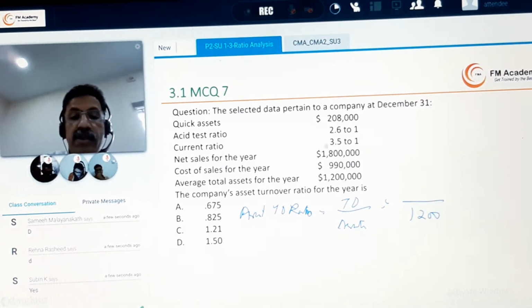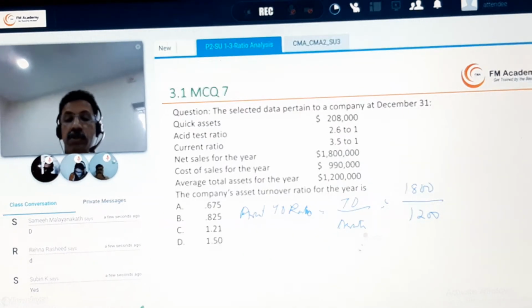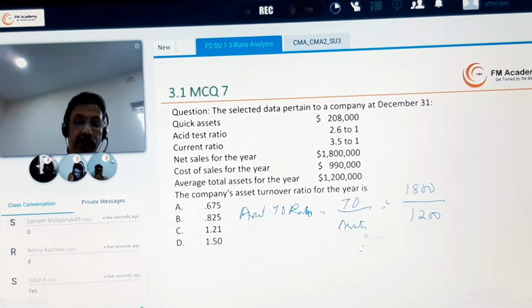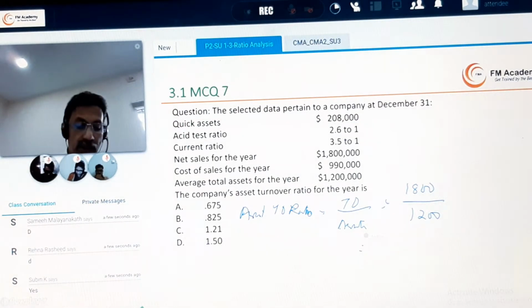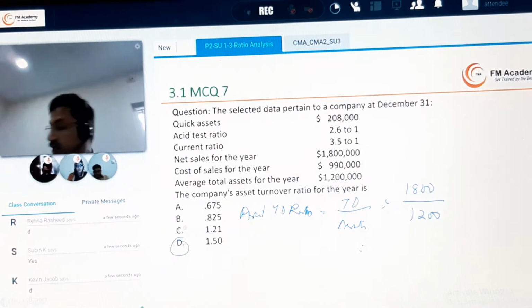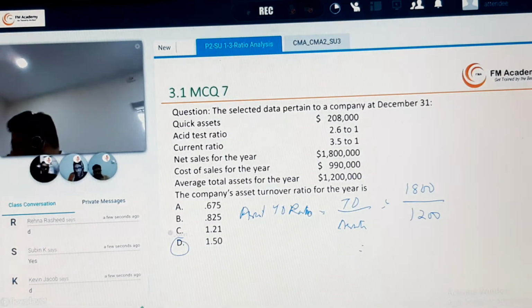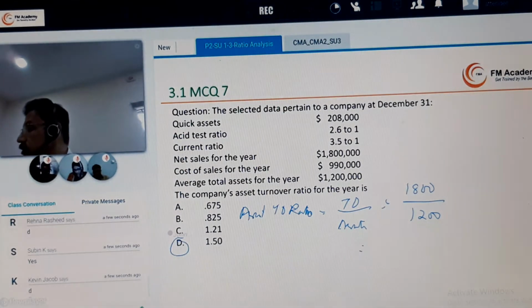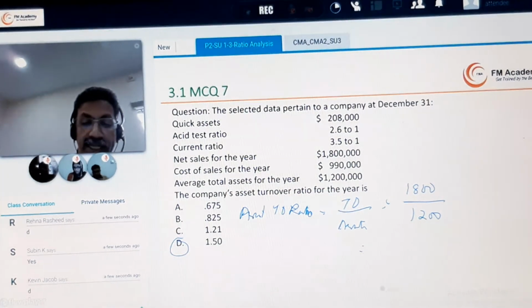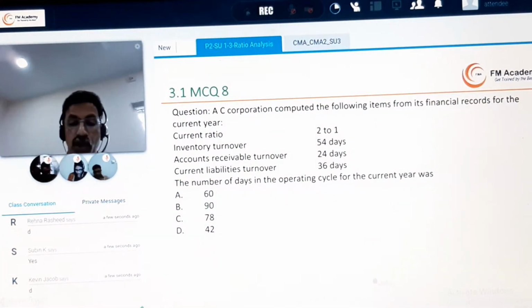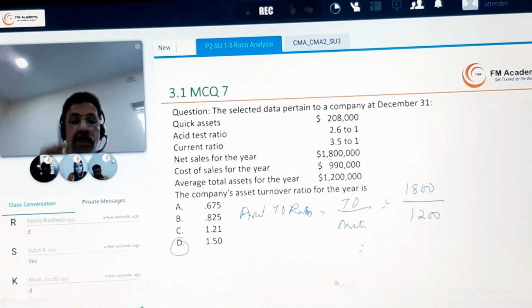Turnover is given as 1.8 million. So what is the asset turnover ratio? 1800 divided by 1200, that is 1.5. D is the answer. Is that correct? Correct. So next question. You are given so much information, but you should pick up what is really required for that ratio.